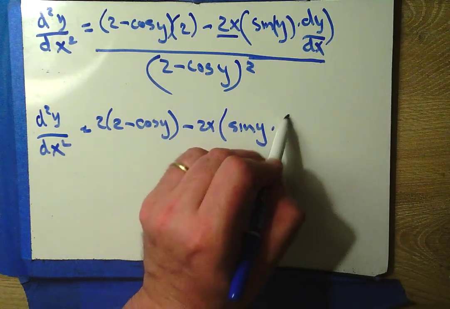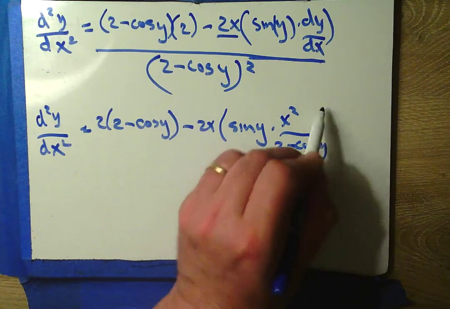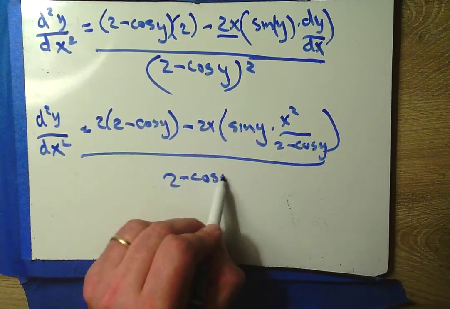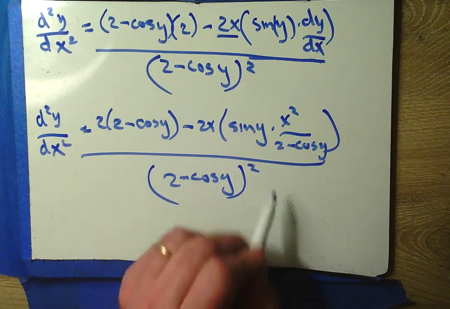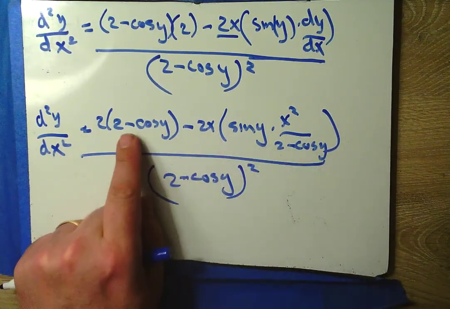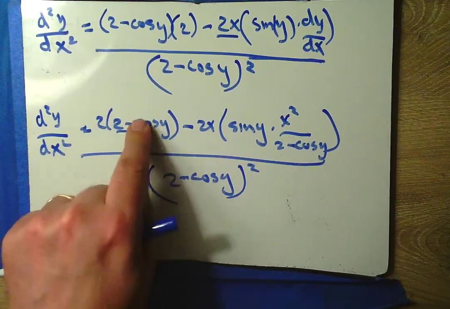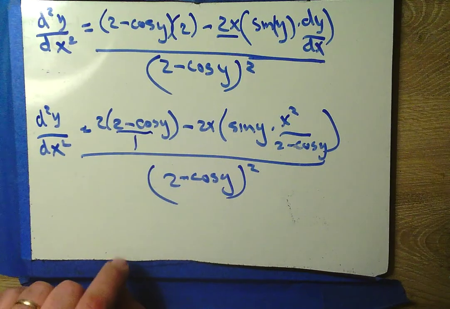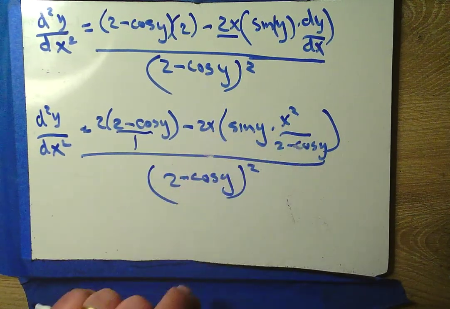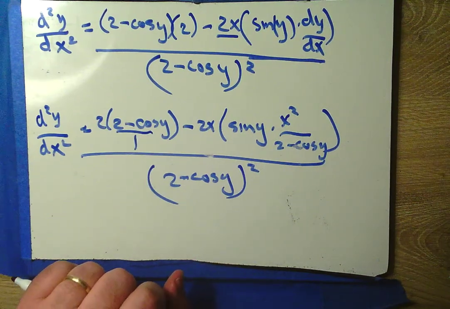It was 2x over 2 minus cosine y, all over 2 minus cosine y squared. Please, this is on the bottom, this is not on the bottom. You cannot cancel one of these with one of each of these. Please do not do that. You could tidy this up and make x to the third if you want. I'm probably just going to leave it here and walk away.